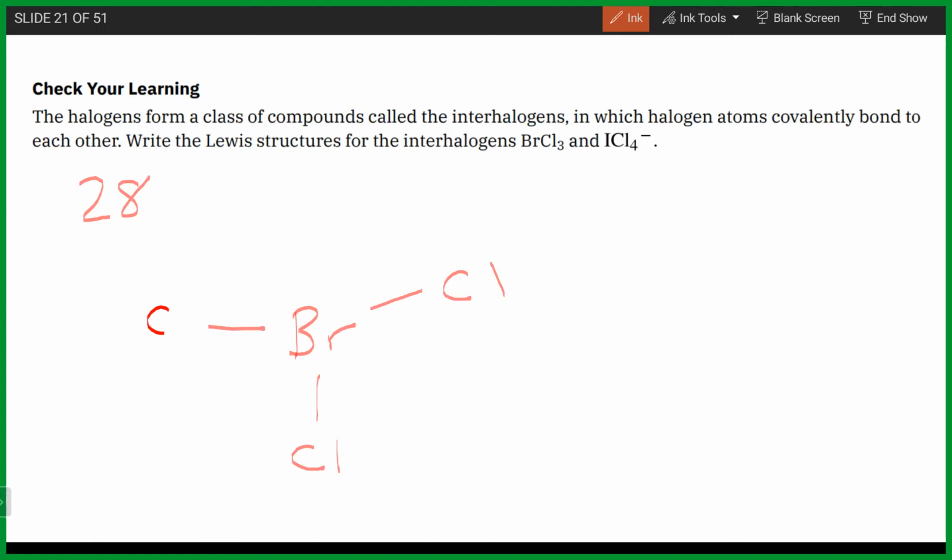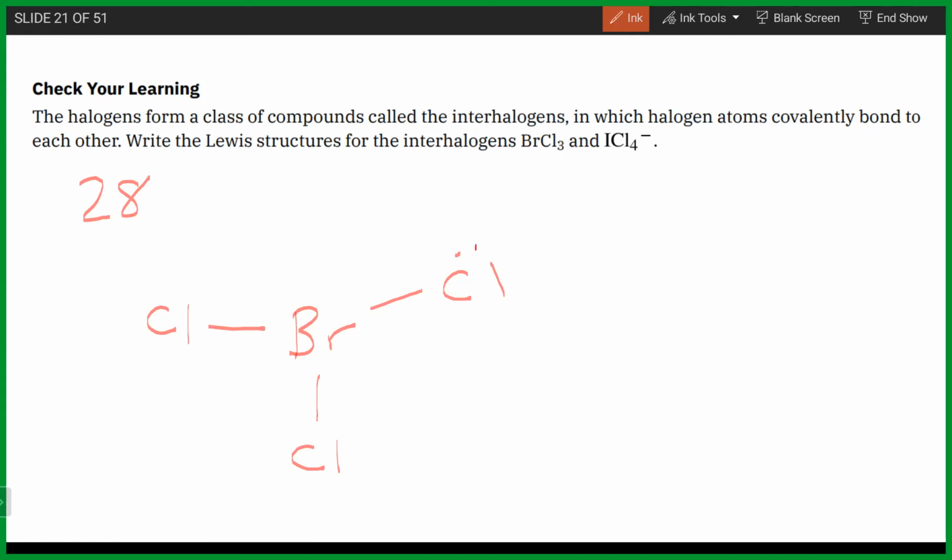And then with these Lewis structures, like I just said, they don't show the true three-dimensional shape. So you could technically put these at any angle you want. If you don't have the chlorines going in the same place I do, if you made a perfect T shape, if you had one of them pointed up and then the 2 pointed at corners at the bottom, giving a triangle, that would be fine as well. With these Lewis structures, we're just showing what's bonded to what and how those electrons are distributed.